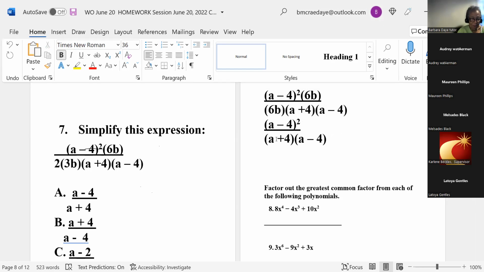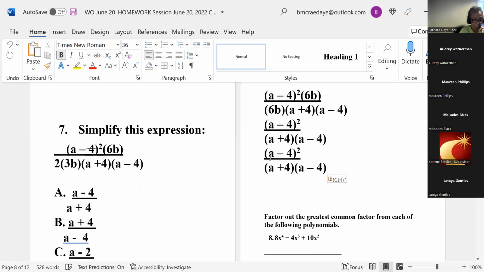Now a minus 4 squared is really a minus 4 times a minus 4, right? So let's rewrite the numerator as a minus 4 times a minus 4. Because a minus 4 times itself is a minus 4 to the second.